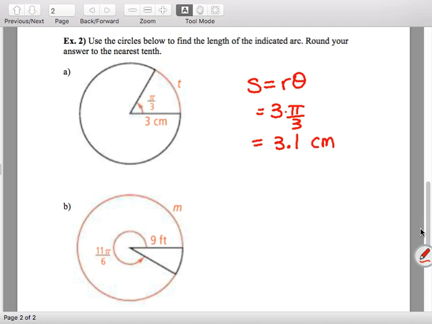Theta is your angle, okay? Theta is your angle. So letter A, I got 3.1.